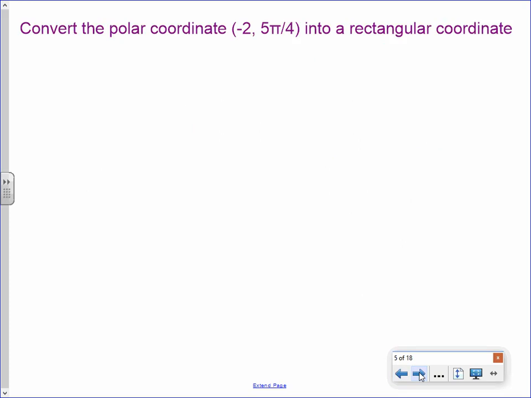Our easiest conversion is when we have a polar coordinate and we want a rectangular coordinate. Go ahead and write down our polar coordinate of (-2, 5 pi over 4). What did I tell you about x? So x is r cosine theta.